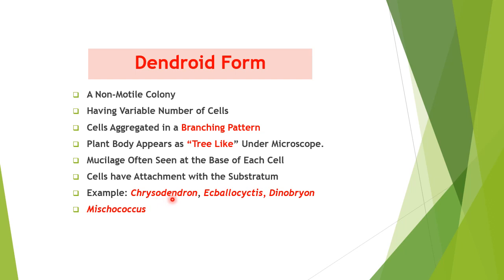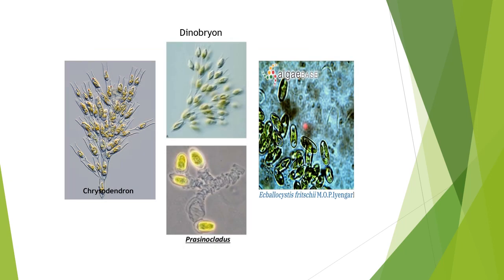You have Chrysodendron, Ecballocystis, and Dinobryon, and there is also Mesococcus. These are some examples of the dendroid forms, with a tree-like structure which you see under the microscope.